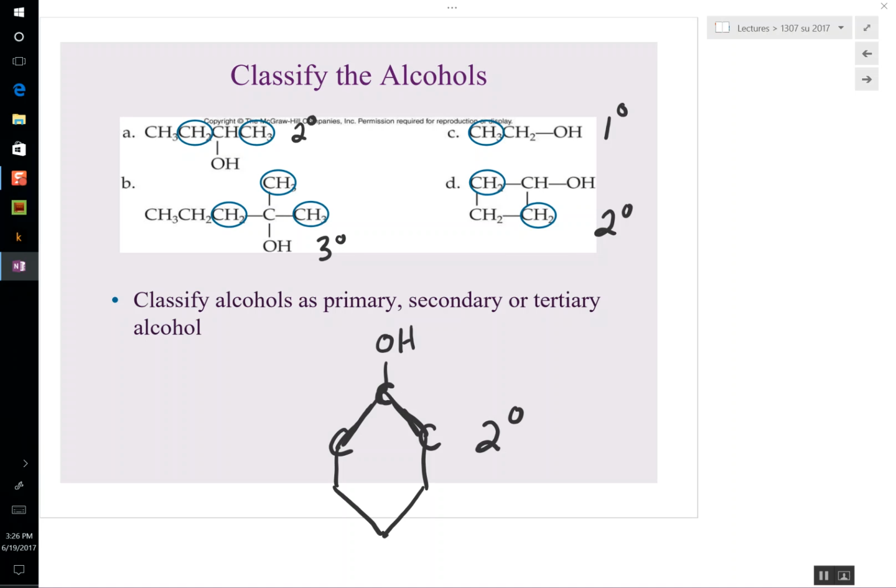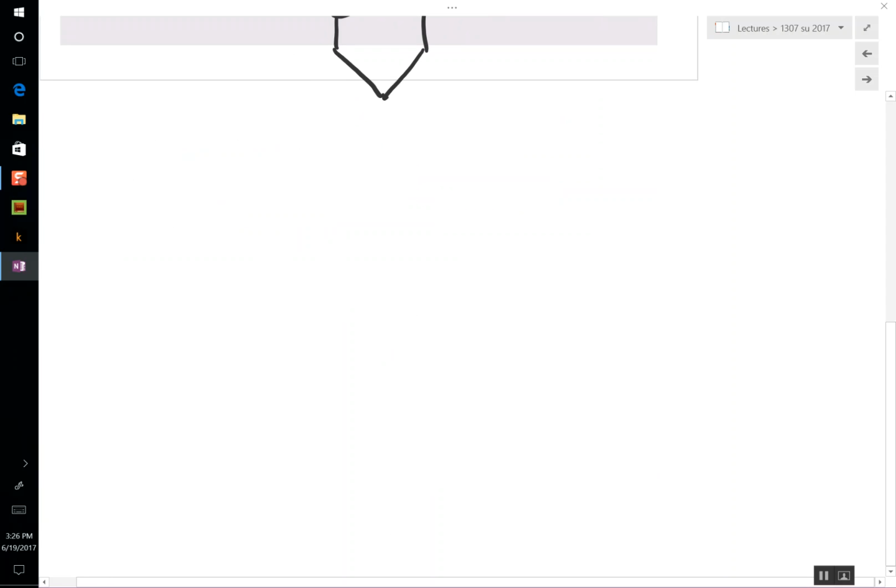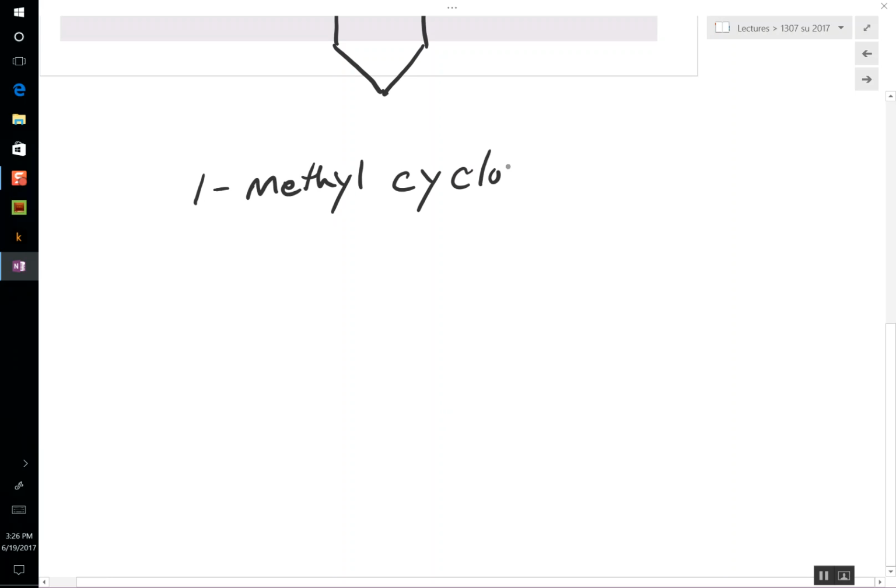So, here's a stumper. Not a stumper, but let's do 1-methylcyclohexanol. Let's classify that one.